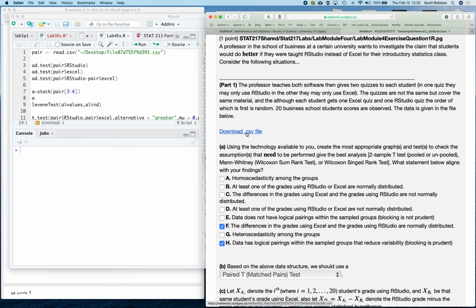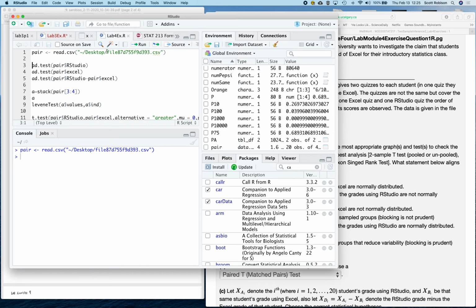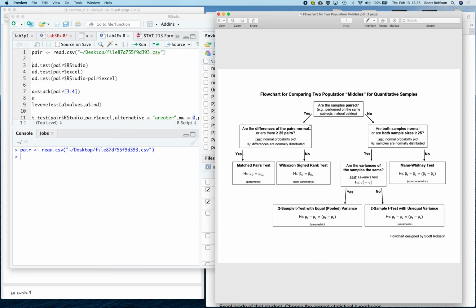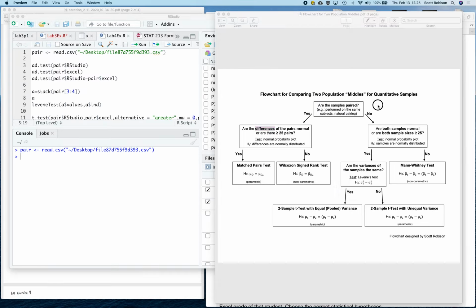So I downloaded the file, and now I've imported it into R. Our next step after saying that they're paired is to see if the differences of the pairs are normal. We have to be really careful here. Originally, to check normality, we would just run ad.test on one column and then the other. But that's not what we're looking for here.